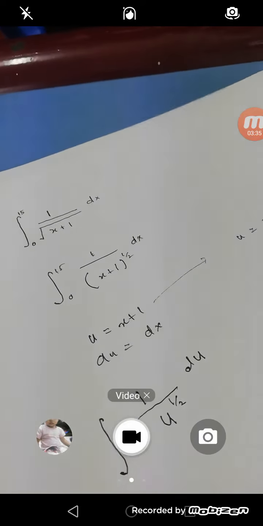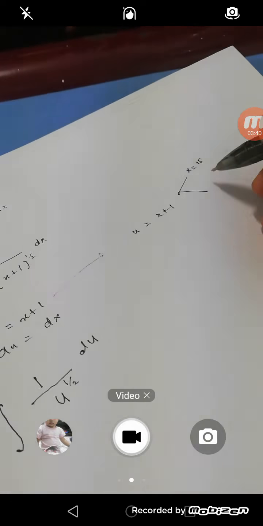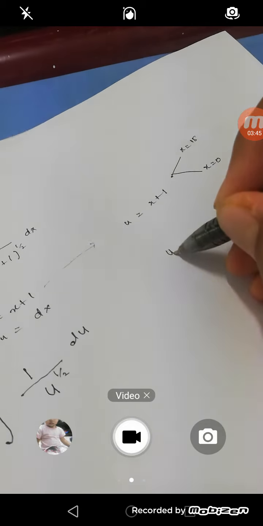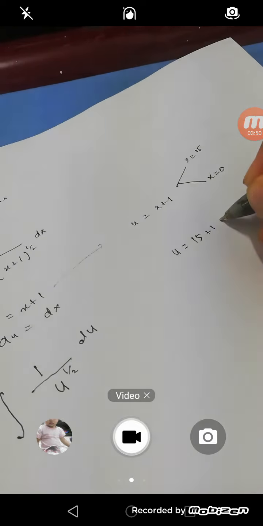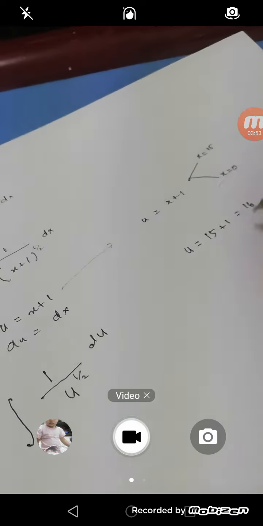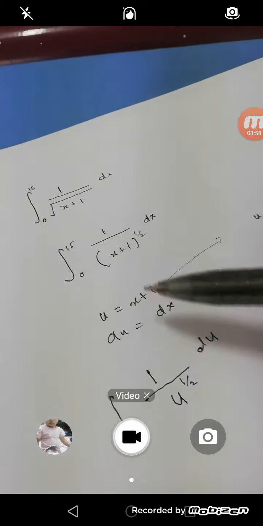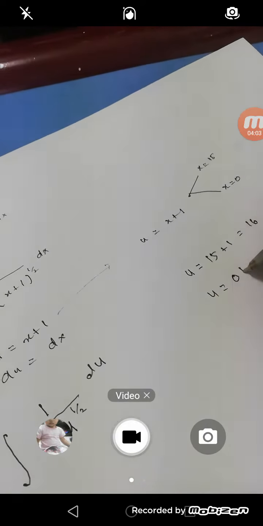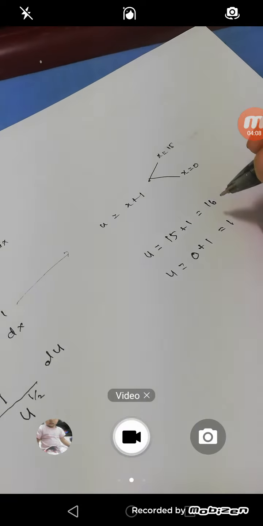Let us substitute: when x equals 15, u equals 15 plus 1, which is 16. And when x equals 0, u equals 0 plus 1, which equals 1. So we get the new limits, u equals 16 and u equals 1.